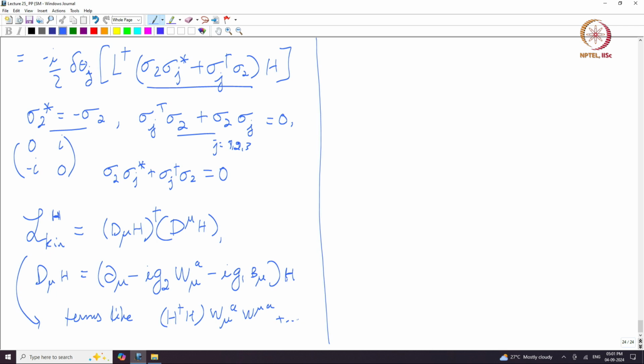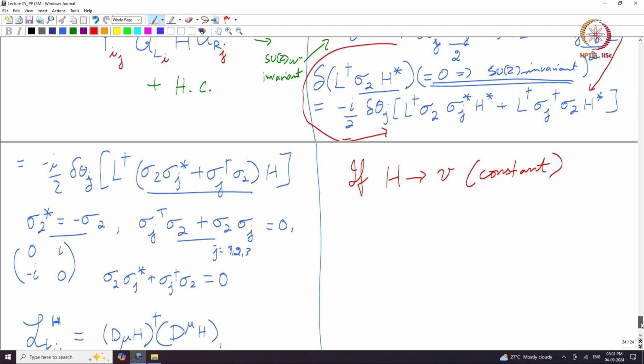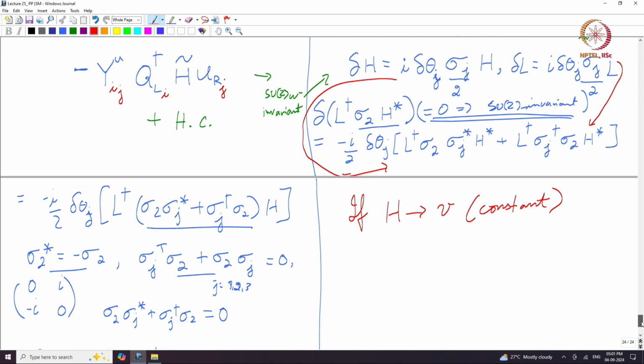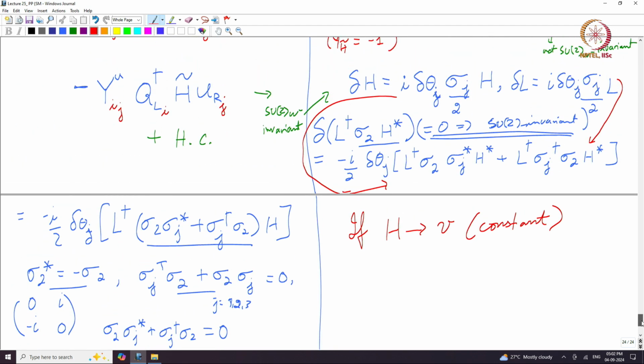So this makes it look like we can replace the Higgs field with some constant. I'm just going to call the constant V suggestively because that's the value we're going to use later. Imagine some magic happened so that you could replace the field with a number. How is that possible? We're going to see how that is possible. There is a physical way in which we could do this.